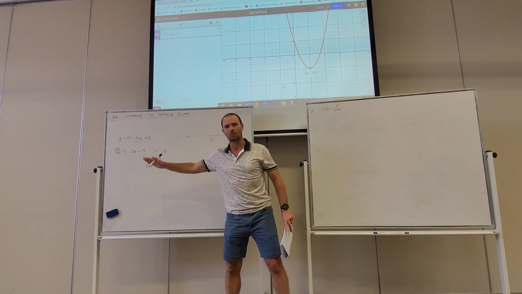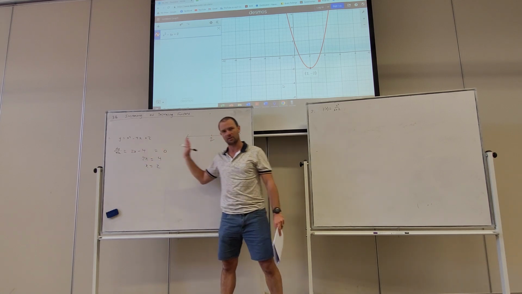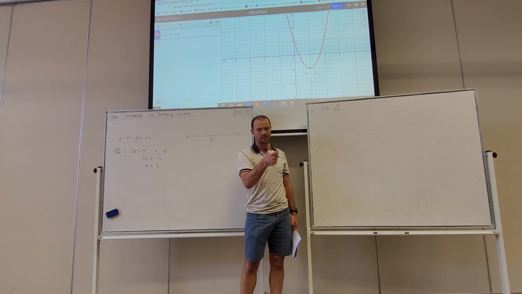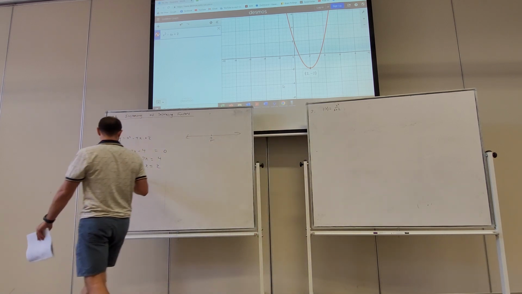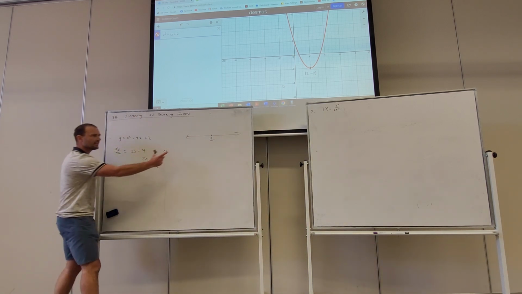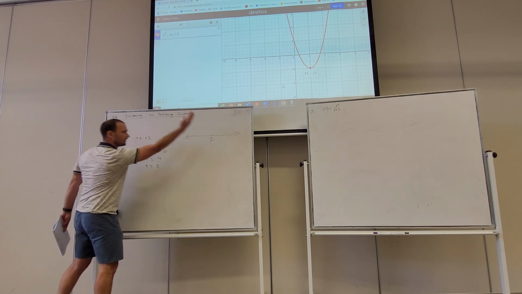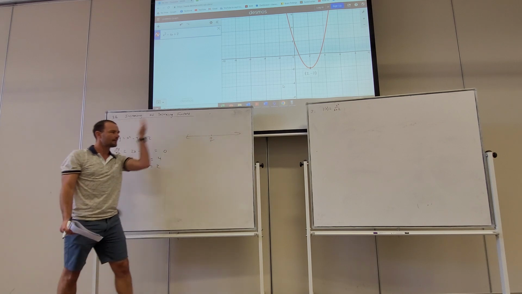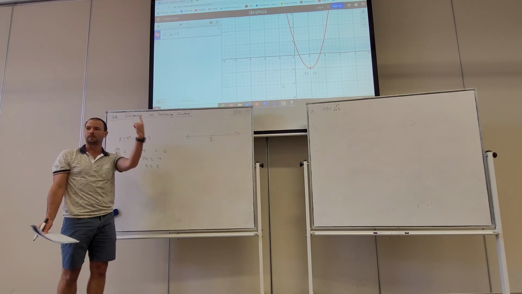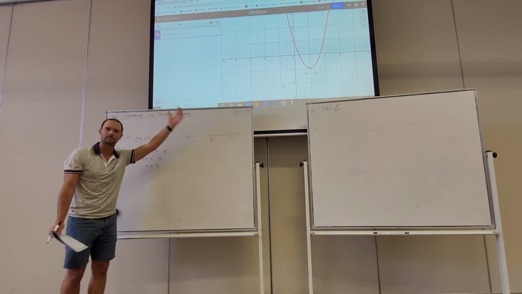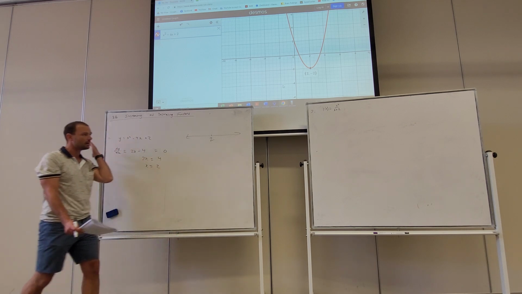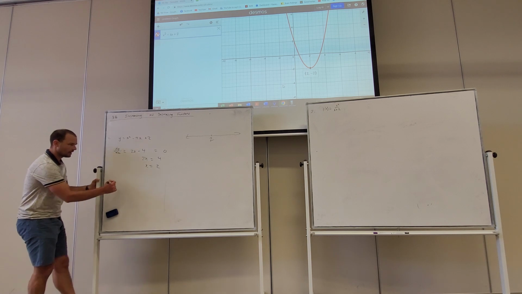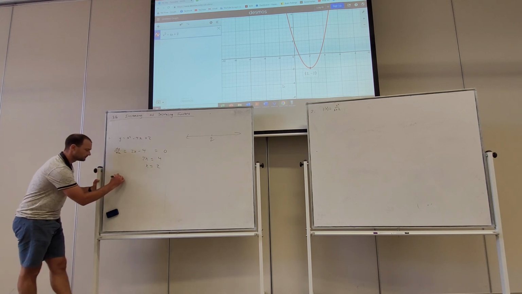Now there is a way that we can look at this type of function and know intuitively, but I'm going to make a mathematical argument for you here. We want to know when it is negative and when it is positive. We choose any number to the left of positive 2. It could be 1, 0, minus 1, minus 2. It doesn't matter. Any number is going to give us the same result. So let's choose x equals 0.